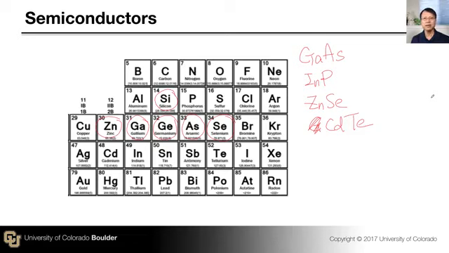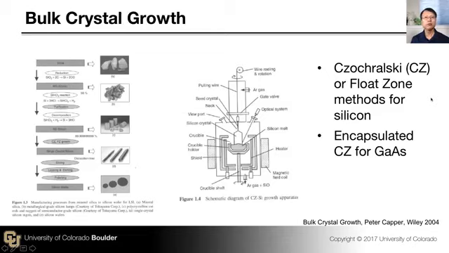Now, how do we make them? You can grow bulk crystal, a large crystal ingot, using several techniques. The most widely used technique is called the Czochralski technique. The float zone technique is another widely used technique.